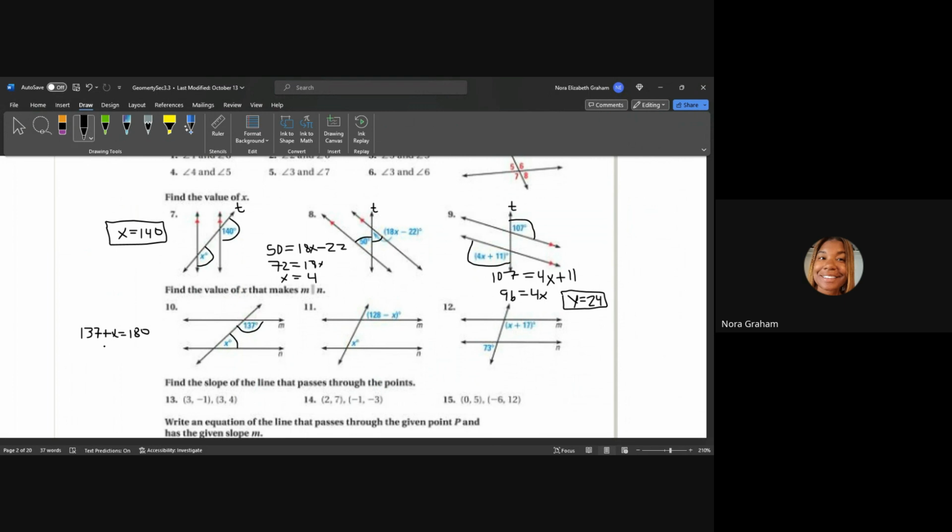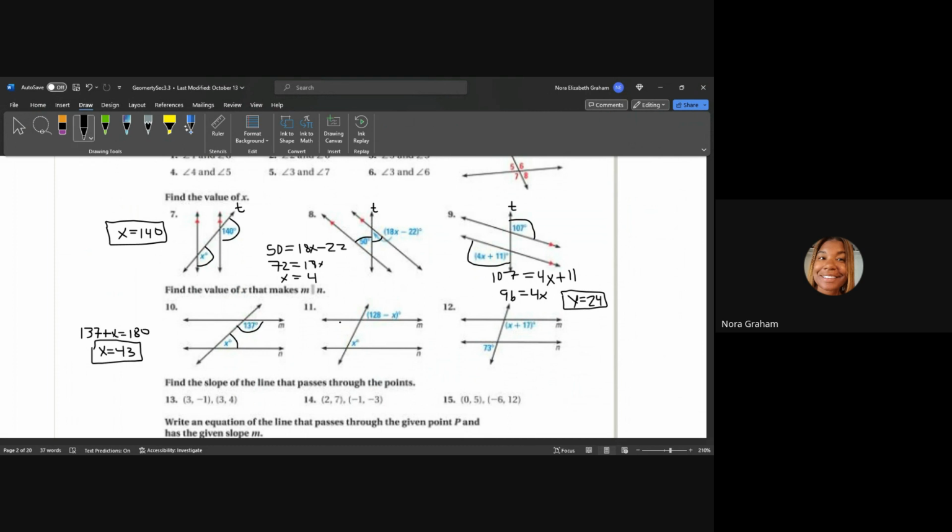X is going to equal 43. Right. And you can always check your answer by making sure that 137 plus 43 will give you 180 degrees. All right. Let's go on to 11.